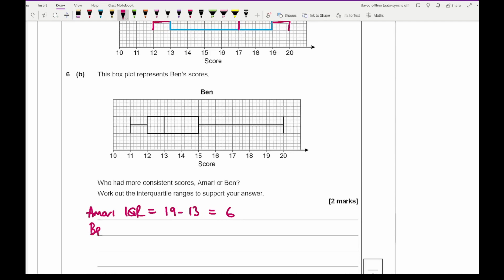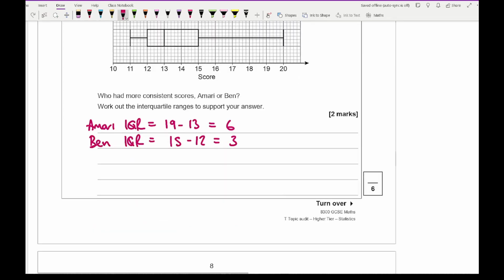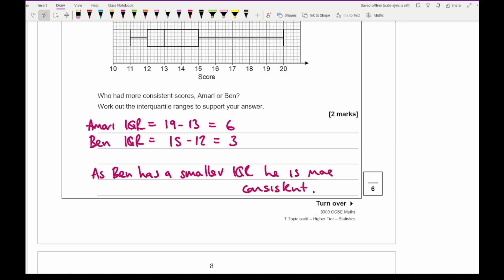If I then work out Ben's IQR, which is 15 take away 12, which is 3, therefore, as Ben has a smaller IQR, he is more consistent. So something along these lines should be good enough to get you the 2 marks.